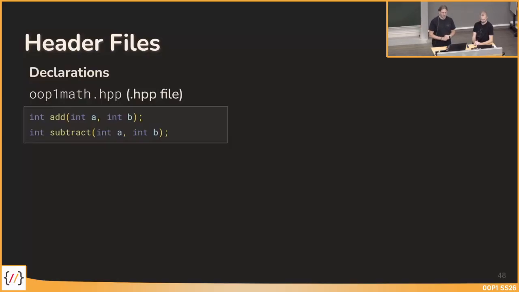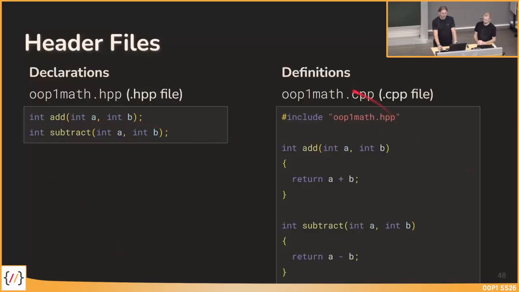For example, we could have a header file, OOP1 math, where we declare two functions, very basic, just an add and a subtract. So we only have the declarations here without the actual implementation, because this will then happen in our definition, so the implementations in the CPP file.